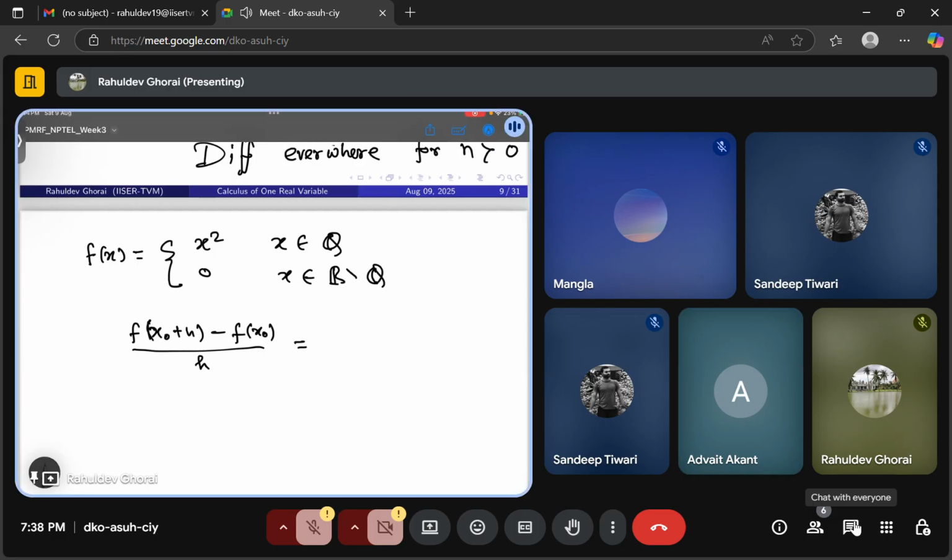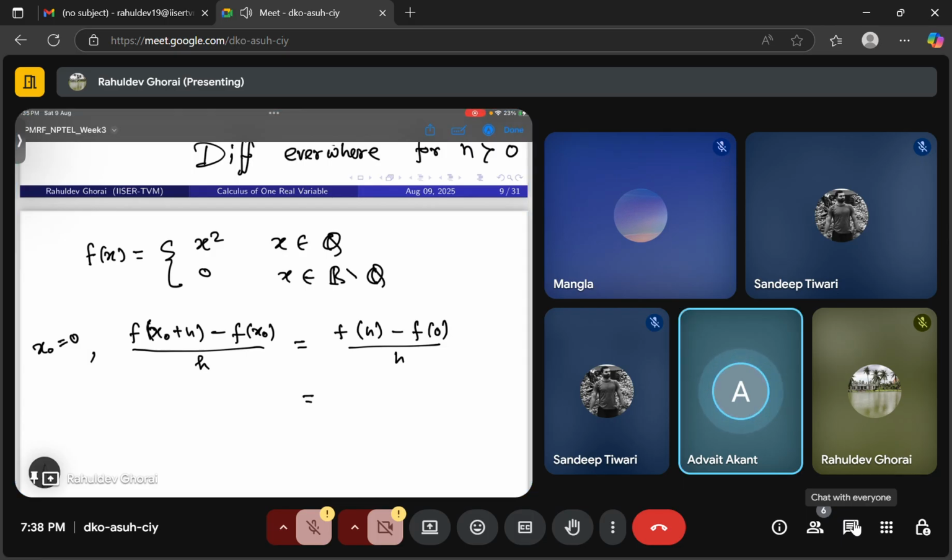F of x minus f of 0 by x. For 0, if we consider, f of h minus f of 0 over h. True. When x naught is equal to 0, then this will be equal to this. So f of 0 is equal to 0. Yeah, that is true. So that will be f of h over h.